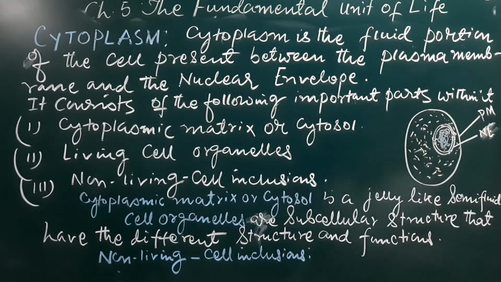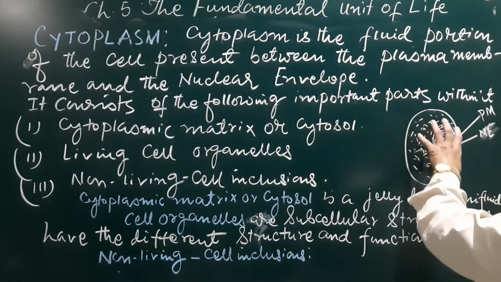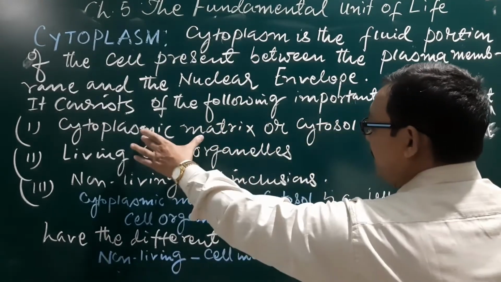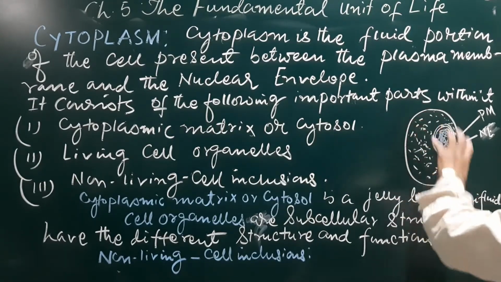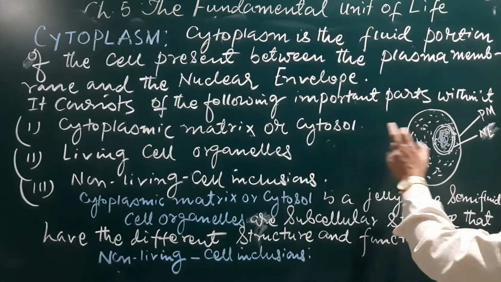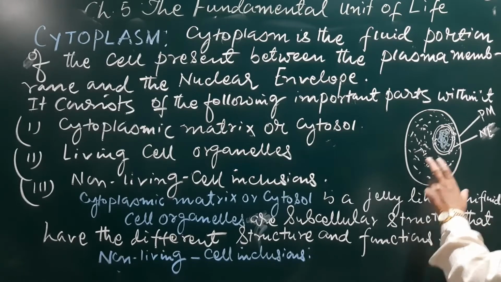This matrix consists of three important parts. Number one, the cytoplasmic matrix. What is this cytoplasmic matrix? That is also known as cytosol. Understand?